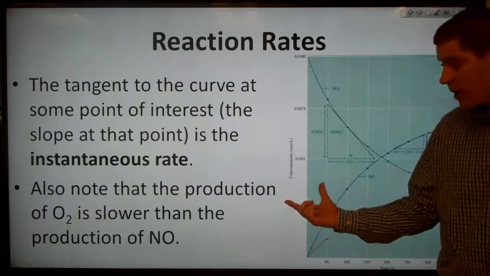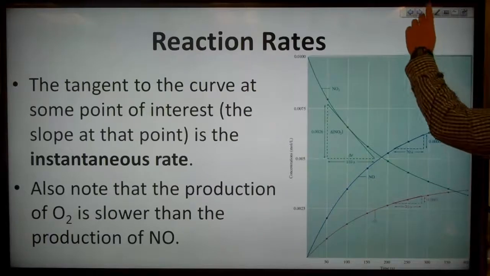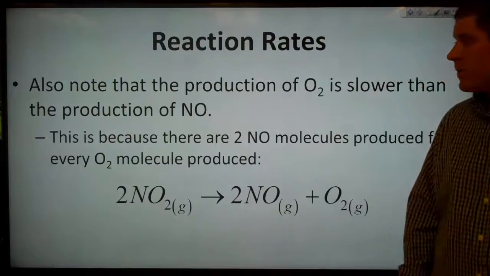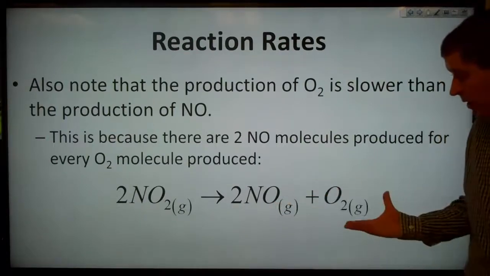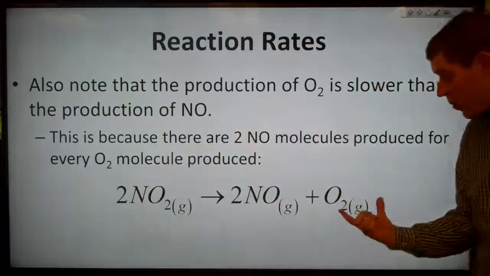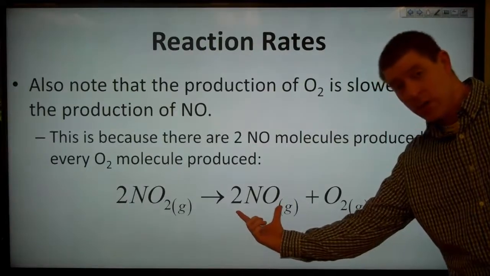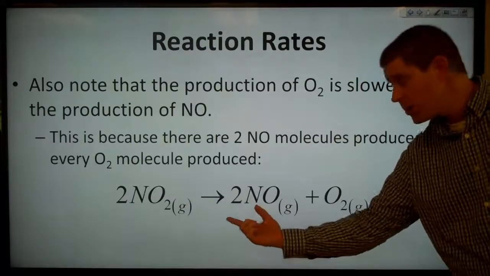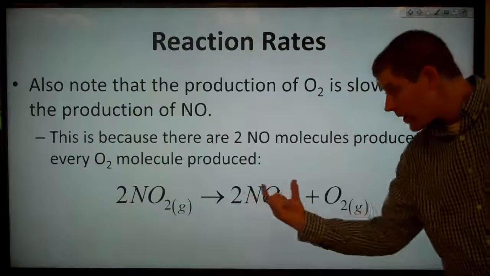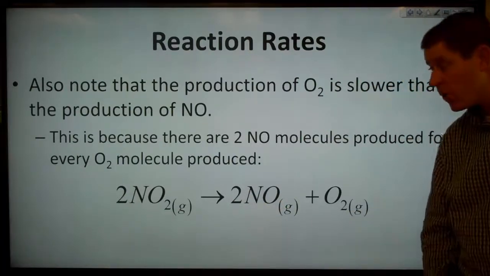Also note that the production of O2 was slower than the production of NO, again because we're producing half as much O2 as NO in our decomposition. I already explained this, but we need to decompose 2 molecules of NO2 for every 1 molecule of O2 that's formed, and likewise we're producing 2 molecules of NO for every 2 NO2. So for every 1 mole of NO2 that we decompose, we produce 1 mole of NO and half a mole of O2.